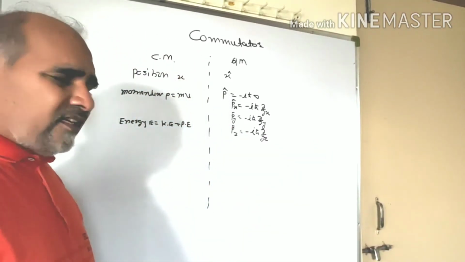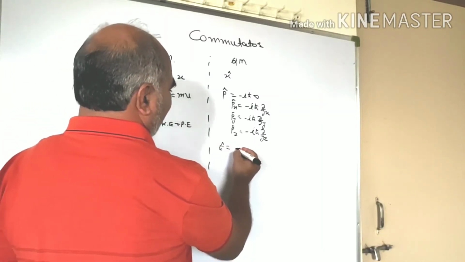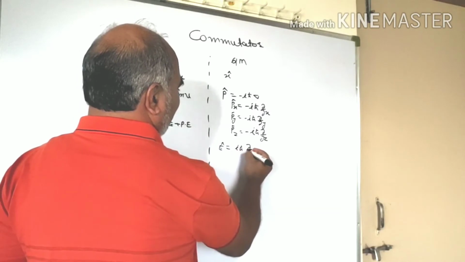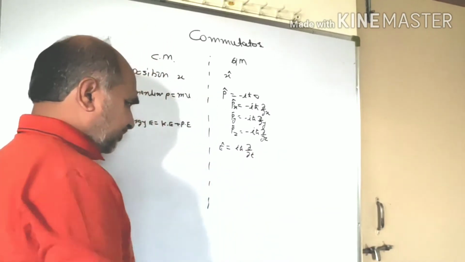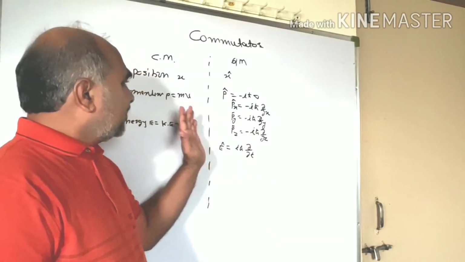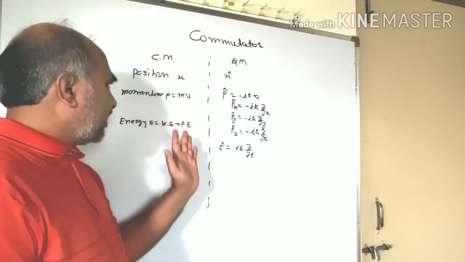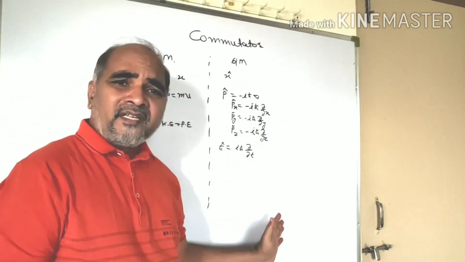The energy operator is equal to i h cross delta by delta t. So this is the basic difference between measurement in classical and in quantum mechanics.